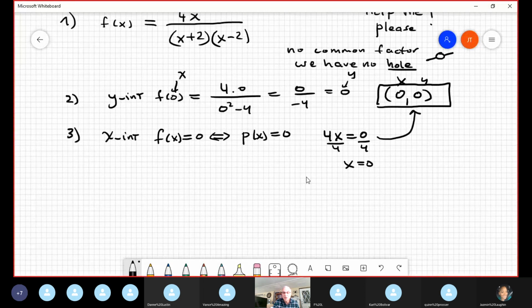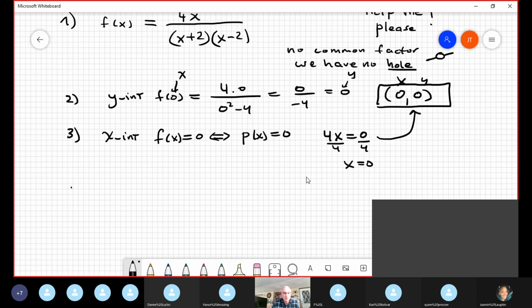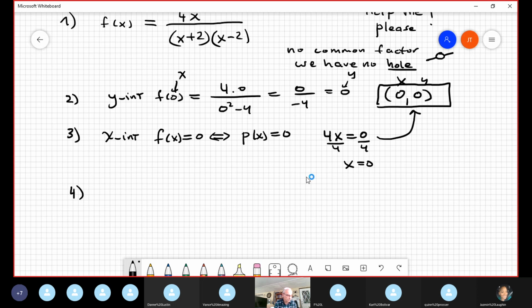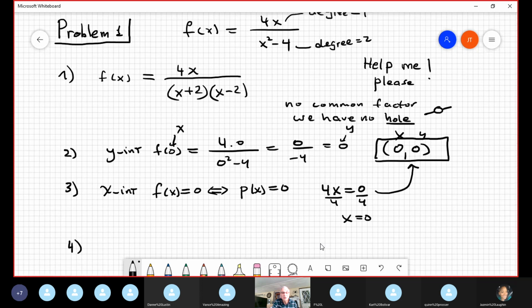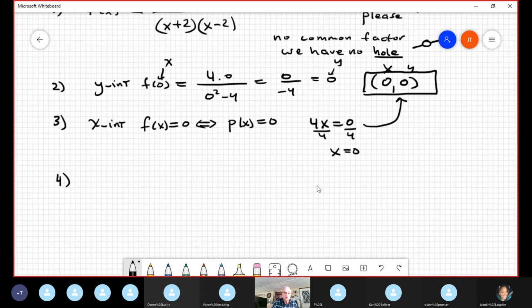Okay. What is step number 4? Yasmin, what is step number 4? Well, step number 4 is to determine the vertical asymptote. You take the polynomial at the bottom and you force it to be 0.